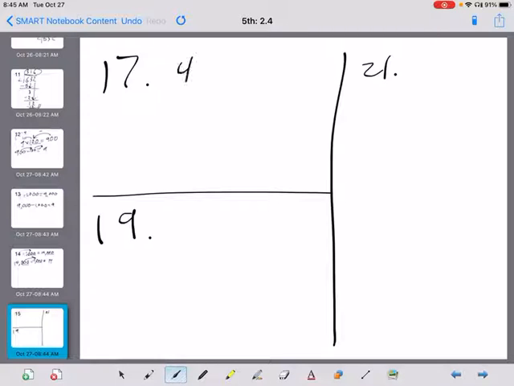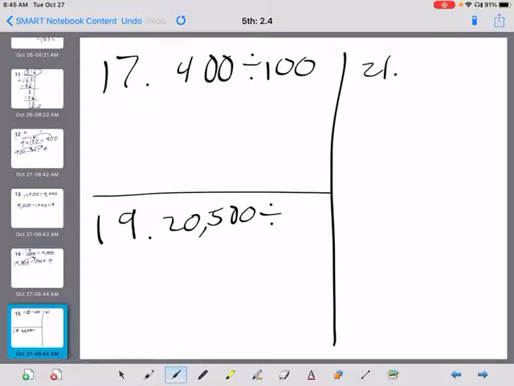So this is 400 divided by 100. And we've got 20,500 divided by 100. And then on the last one, we've got 124,000 divided by, I ran out of room here already, 1,000. All right, you can pause the video, do those, come back, and see if you get the right answer.